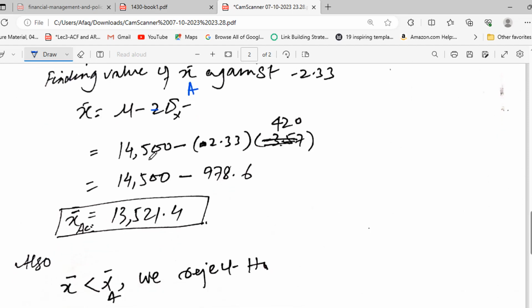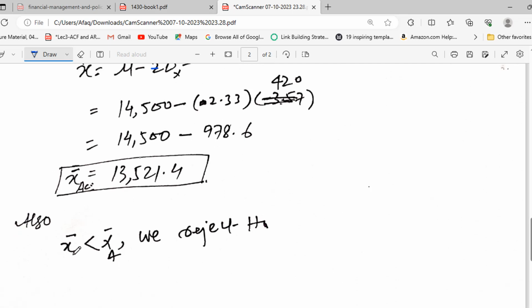So 14,500 minus 2.33, where I have ignored the negative sign here, multiplied by the standard error of the mean, 420. After subtracting, we will get the sample mean value for the critical region, which is equal to 13,521.4.